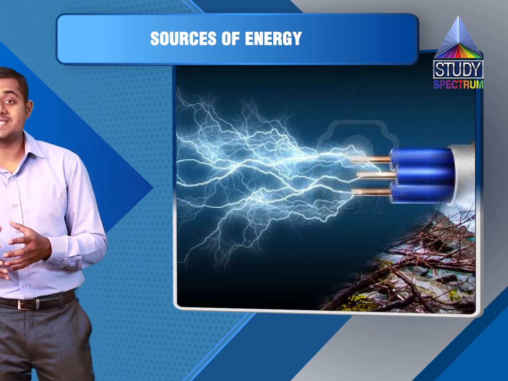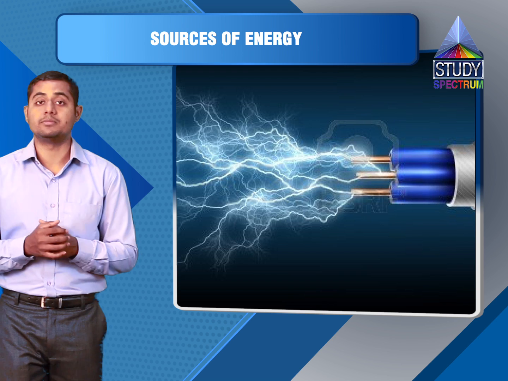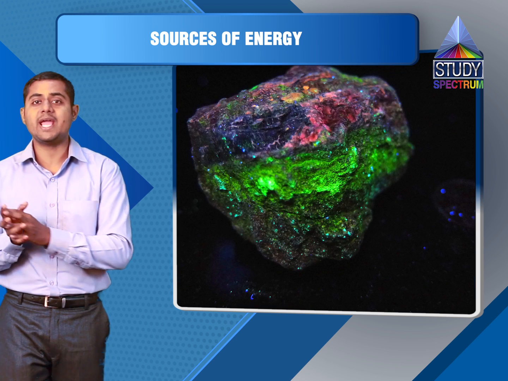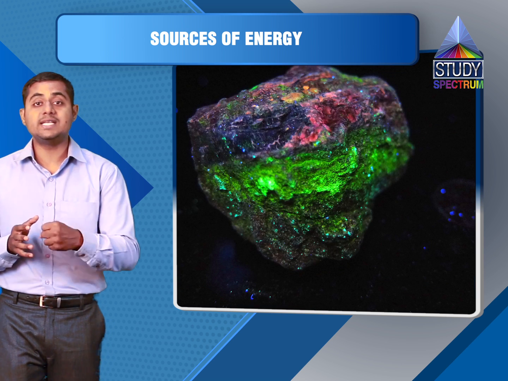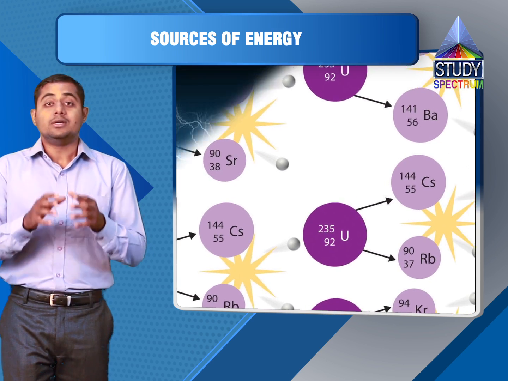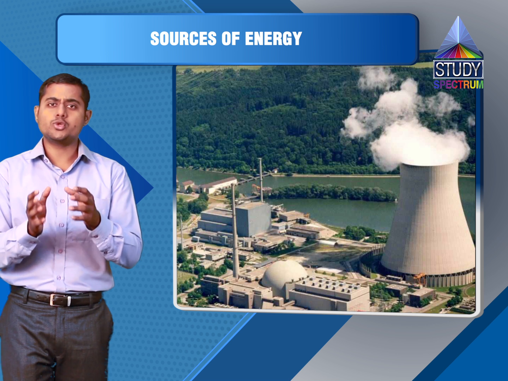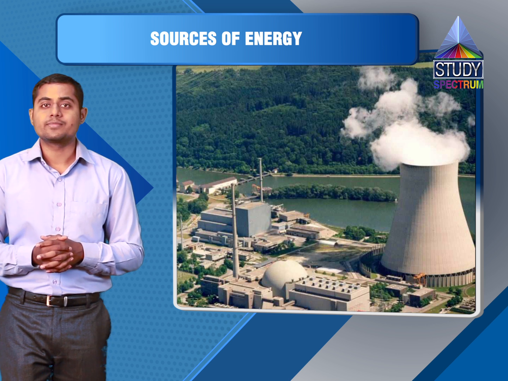But at atomic centers, we utilize uranium and the controlled chain reaction to create the heat necessary to generate the electricity. Such a center is at Tarapur in Maharashtra. It is also there in the Surat district in Gujarat.